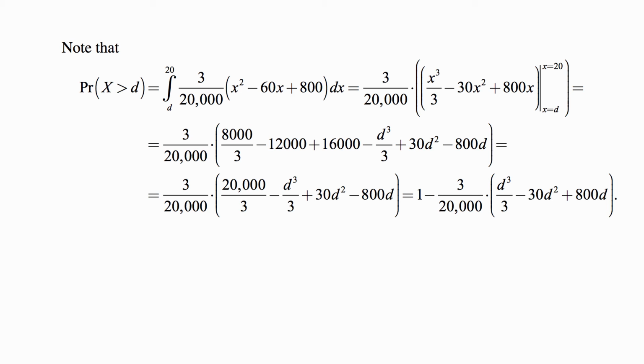We evaluate it from d to 20, and then we plug it all in, work it out a little bit, and we end up with this peculiar thing: we have 3 over 20,000 in front, and then on the inside we have 20,000 over 3 minus the part that relates to what you get when you plug in d. And the first 20,000 over 3 times 3 over 20,000 is 1. So this whole thing ends up being 1 minus 3 over 20,000 times d cubed over 3 minus 30d squared plus 800d.